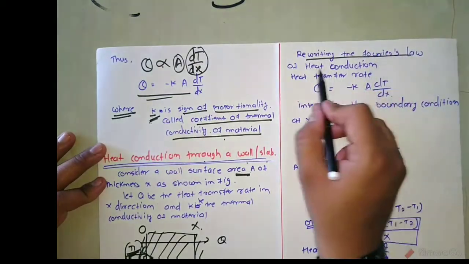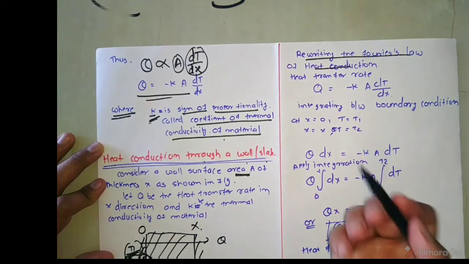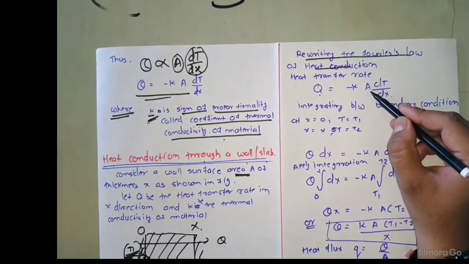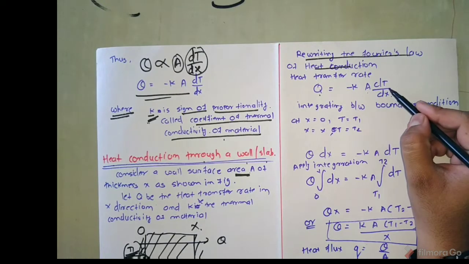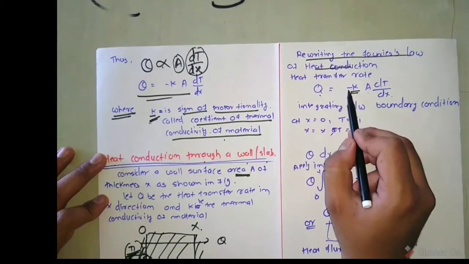When we write the Fourier law of heat conduction, what does it state? Heat transfer is directly proportional to the normal area and the temperature gradient, and K is the proportionality constant.